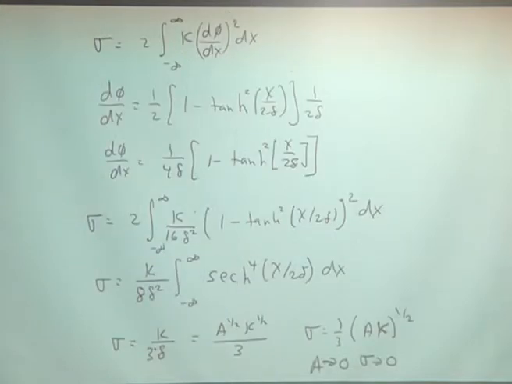As k goes to 0, the energy goes to 0 too, because you don't have any interfacial gradient energy effects. And so the summary here is quite important in terms of phase field models. And delta is equal to k over a, to the 1/2.